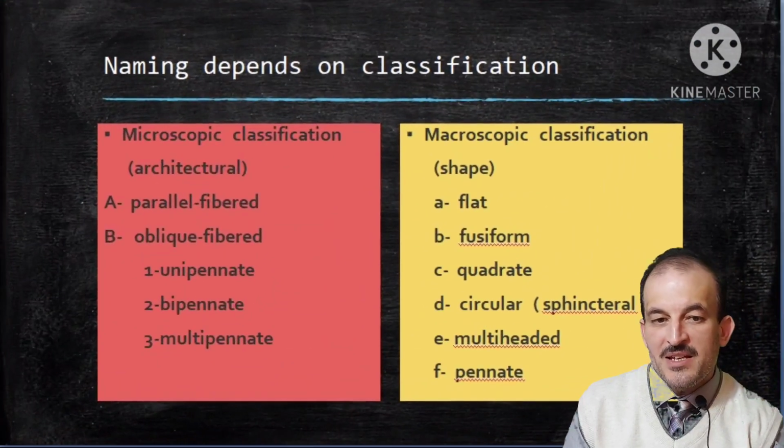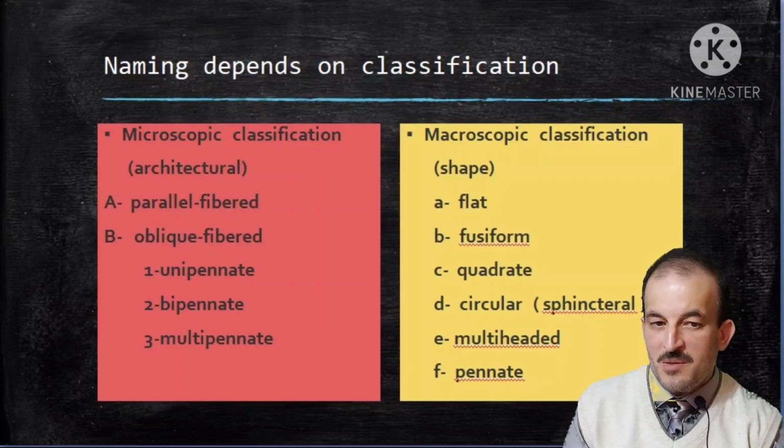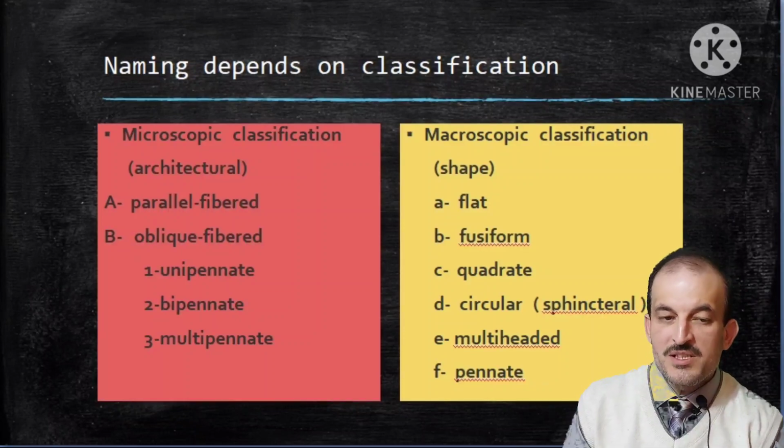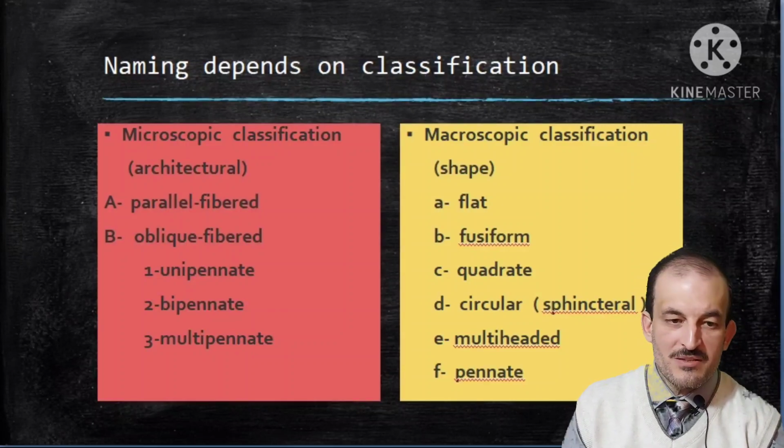The naming depends on classification, whether it is microscopical classification, which depends on the architectural features, or macroscopical classification, which depends on the overall shape of the muscle.